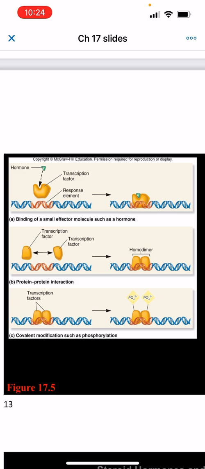Or our regulatory transcription factor might have to be modified by another protein and be phosphorylated, so a post-translational modification, addition of a phosphate group that activates it before it could do anything to activate or repress transcription. So even the transcriptional regulators are regulated, okay? So there are lots of factors that are going to play a role in whether a gene is stimulated to be transcribed or whether it is repressed.